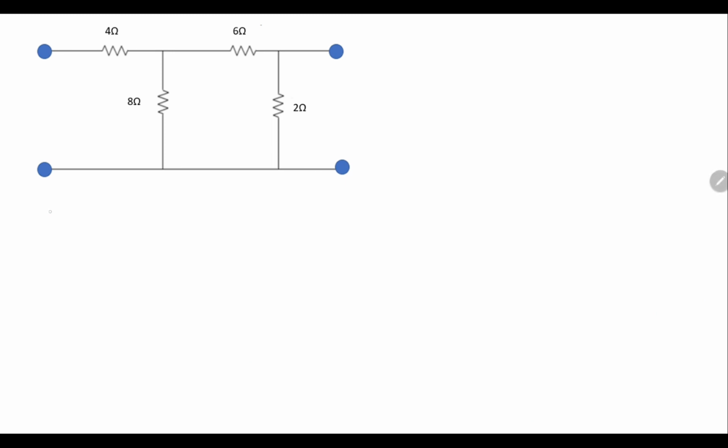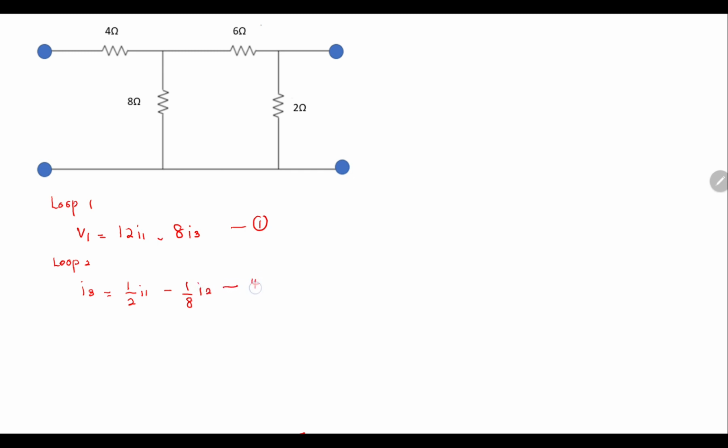We refresh back to loop 1. You got V1 is equal to 12I1 minus 8I3. For loop 2, you got I3 is equal to 1 over 2 I1 minus 1 over 8 I2.